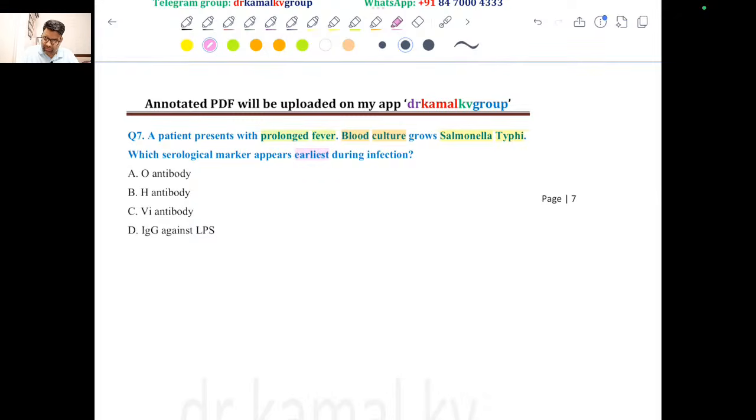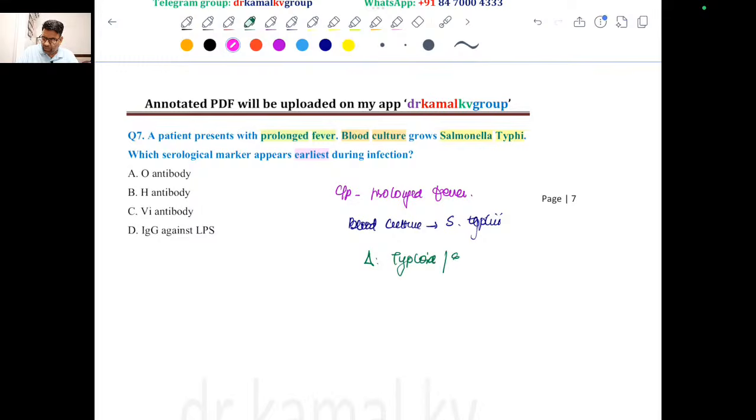Right. So, clinical presentation of prolonged fever and blood culture Salmonella typhi. Yes, the clinical diagnosis is typhoid or the enteric fever. Now the question is about which antibody or serological marker appears first. So here you have to remember three.